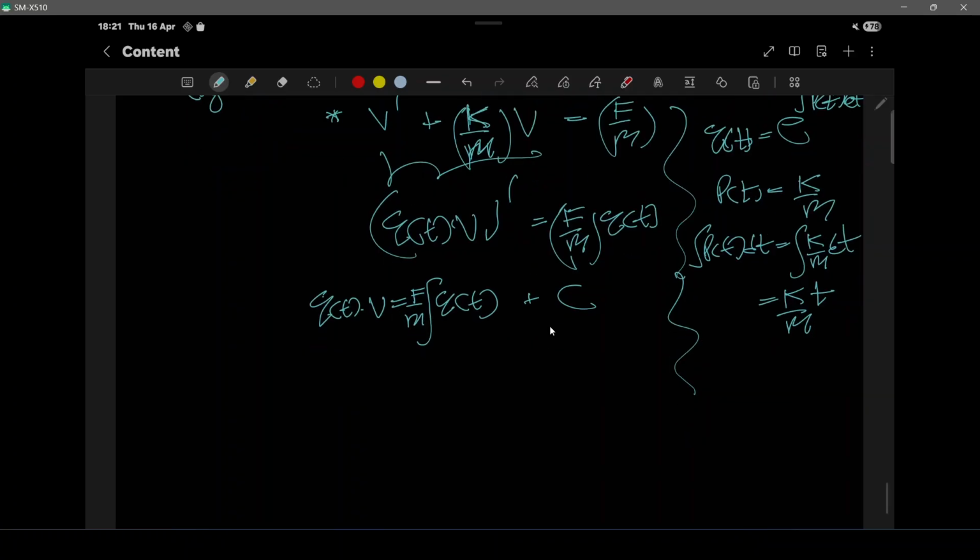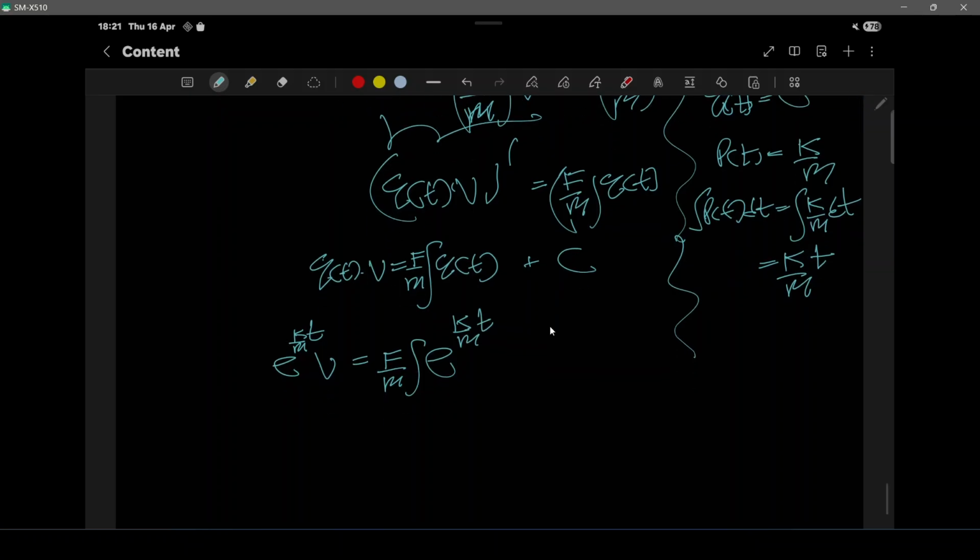So what is μ(t)? μ(t) is e to the power k over m t, times v, is equal to f over m times the integration of e to the power k over m t dt.